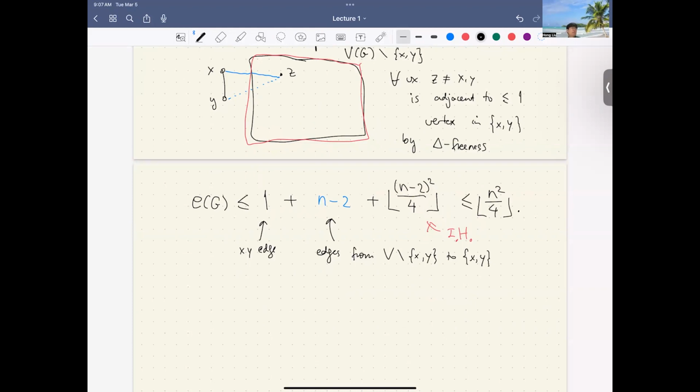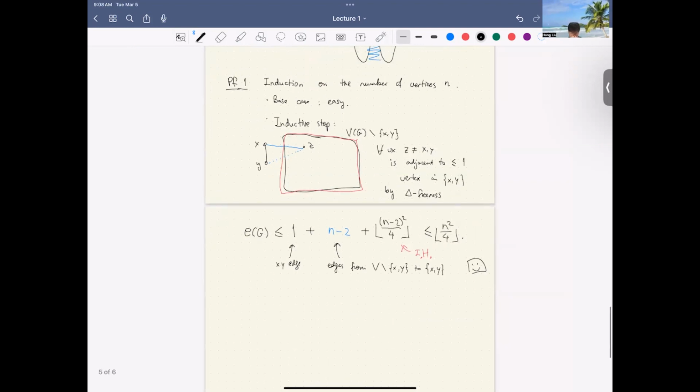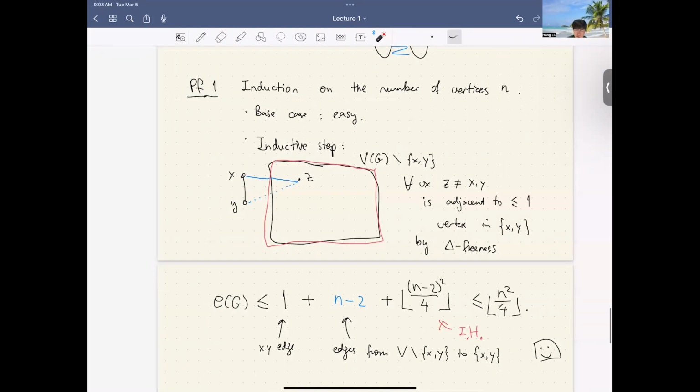I will skip doing this calculation. This is a simple calculation, and this finishes the proof. Any questions? Very simple proof. Basically, the observation is we have to make use of triangle-freeness. And how we make use of it is if you grab an edge, every vertex can send at most one edge to the endpoints of this edge. So that's the first proof.